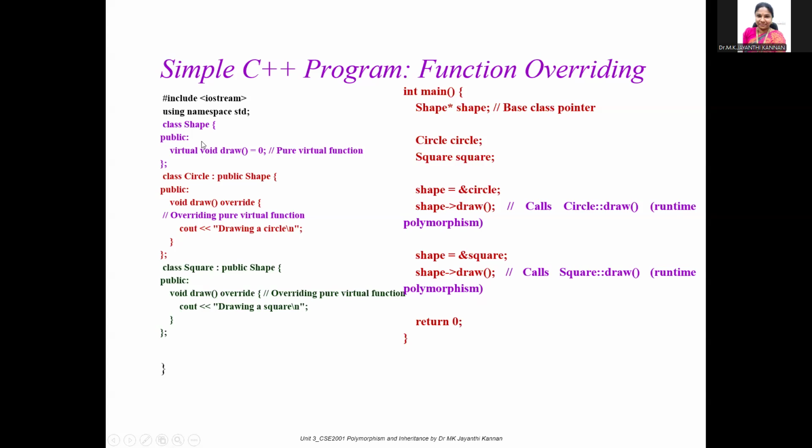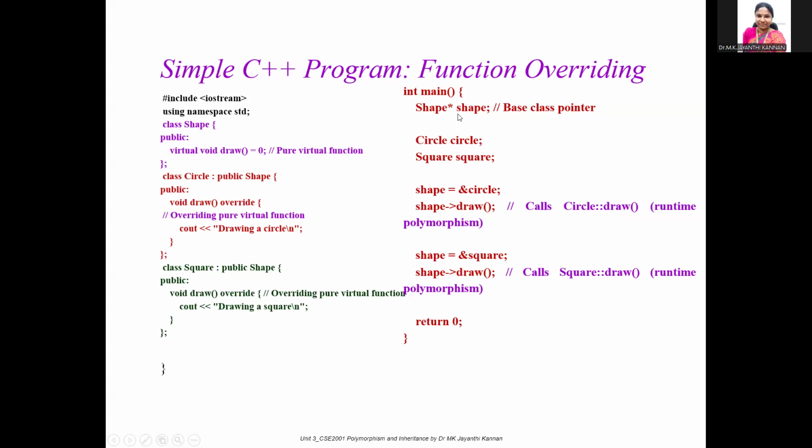So the base class function won't execute, and the derived class function is the overriding function. And we have one more class called square, derived from shape. This square draw function is also an overriding function.